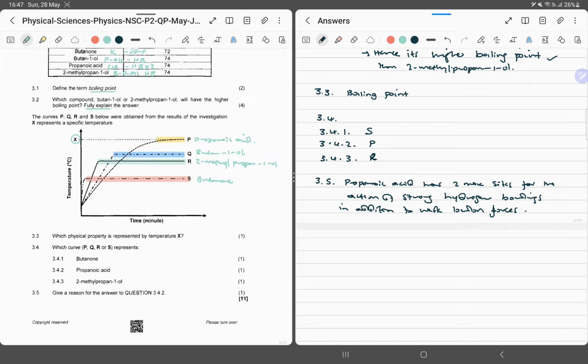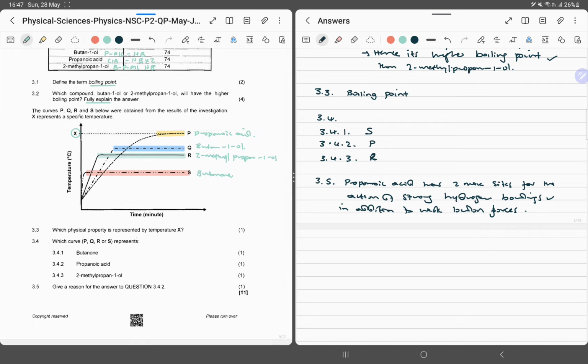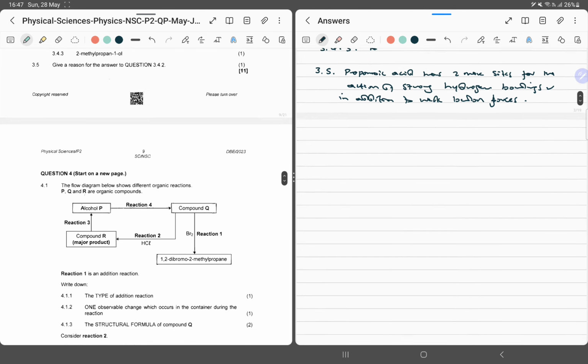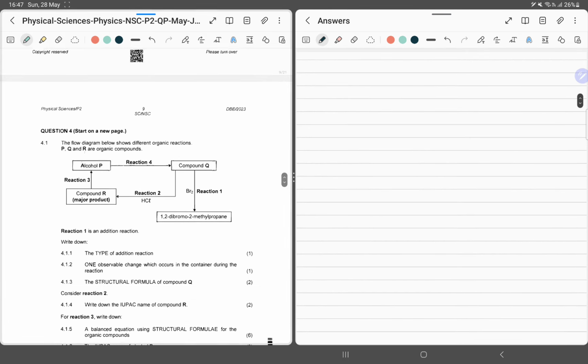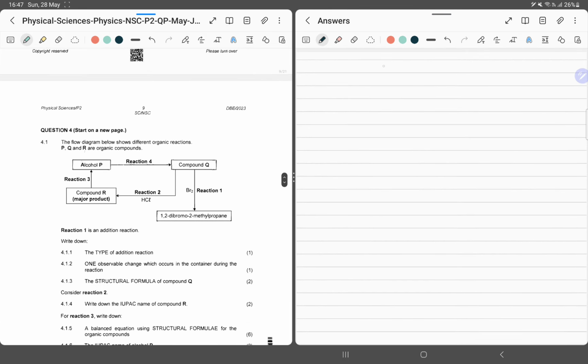That's it, because that's the only reason it has those things. It's just the type of the intermolecular forces it has. So you score your 1 mark. And that's how we squash that question. So let's quickly try and get through question 4.